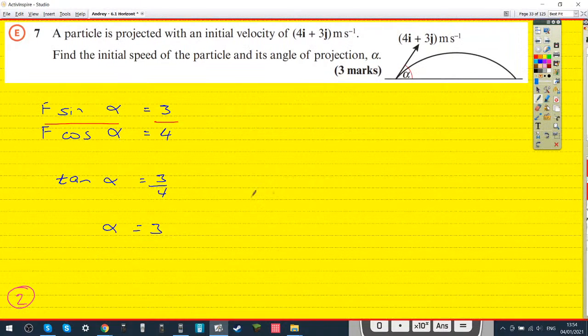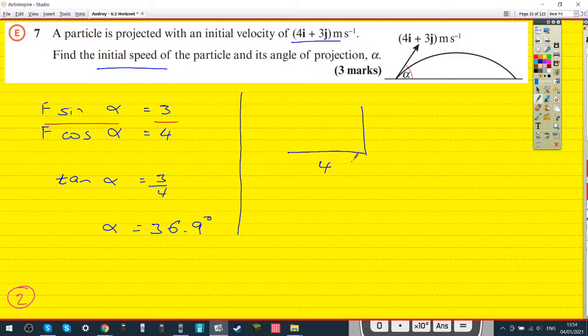And now I can just do F sine 36.9 equals 3. Do Pythagoras. So that will be 5.